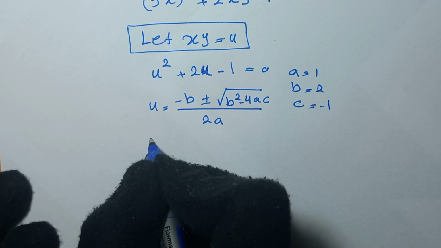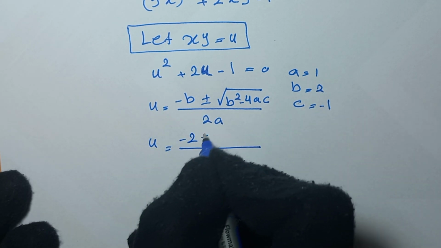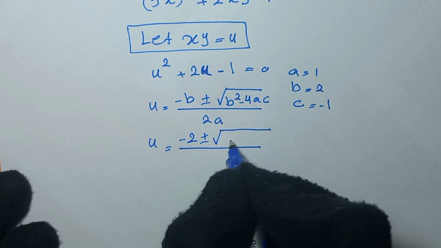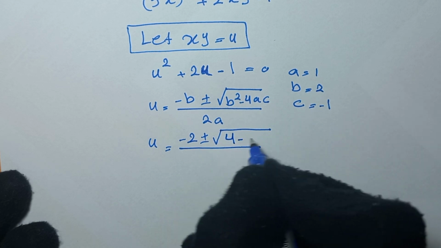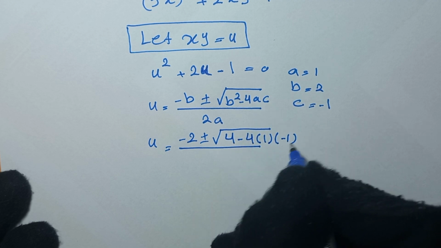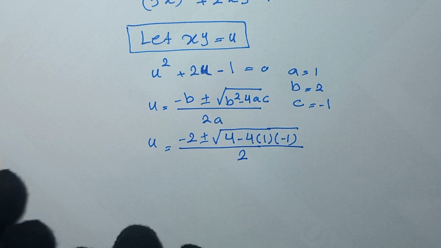So from here u is equal to negative b, negative 2, plus or minus the square root of b squared, 2 squared is 4, minus 4 times a is 1, times c is negative 1, over 2a is 2.